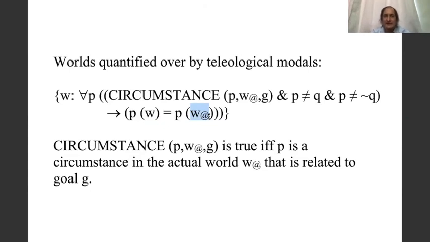Okay, so the set of worlds where all of the circumstances are the same as they are in the actual world, that's what we're quantifying over in teleological modals. At least that's the added restriction that we have for our teleological modals.